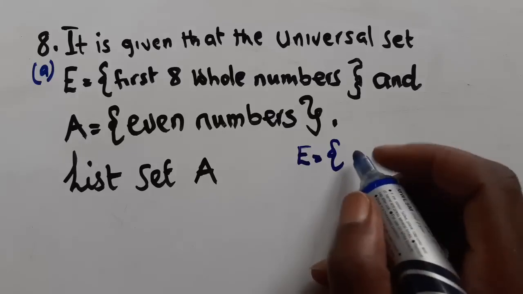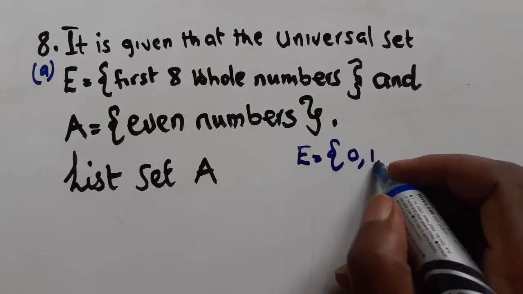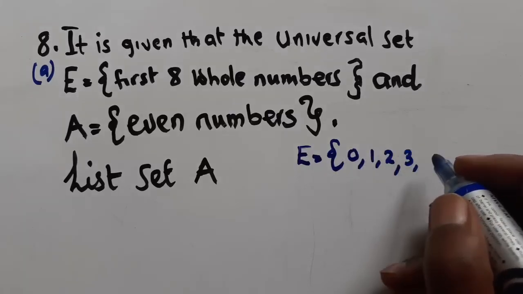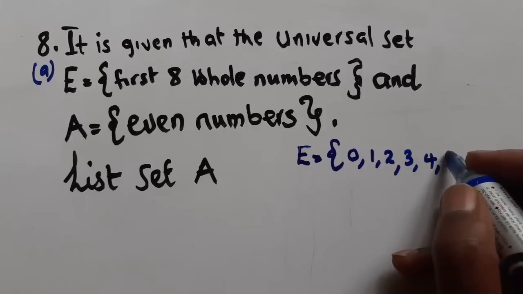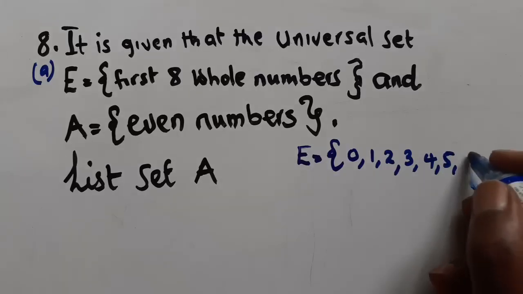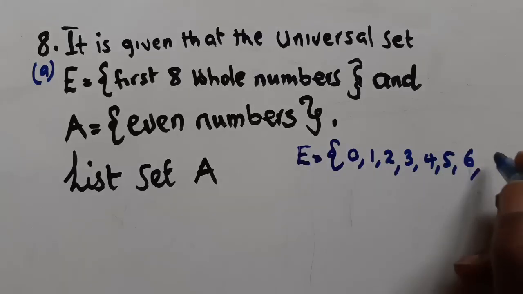The first 8 whole numbers are 0, 1, 2, 3, 4, 5, 6, and 7.